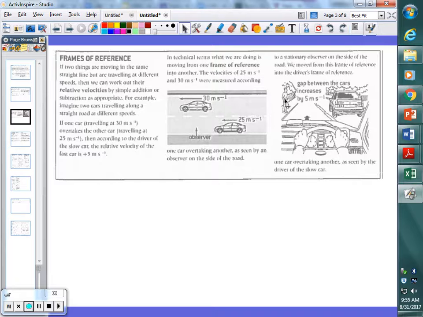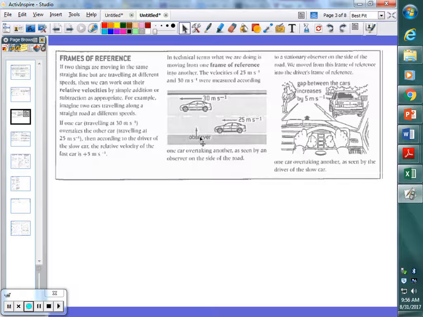Like this situation over here. If we ask this guy what this car's velocity is, he would say 30 meters per second, because that's the velocity of the car relative to somebody standing still. But if you ask the person in the car, they would only reply with 5 meters per second, because now he's moving, so his frame of reference is different than the observer's, right?